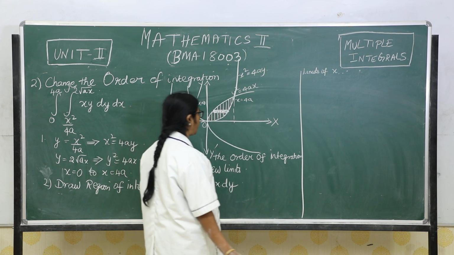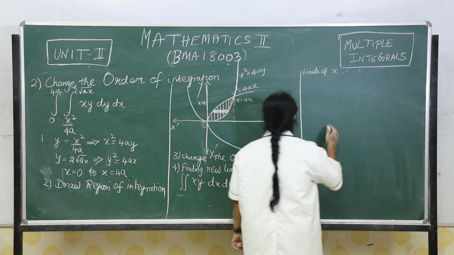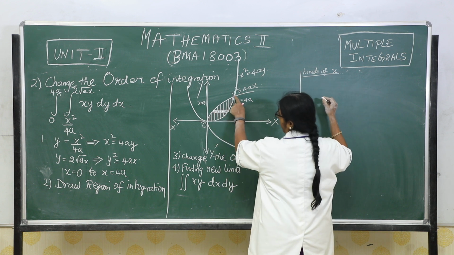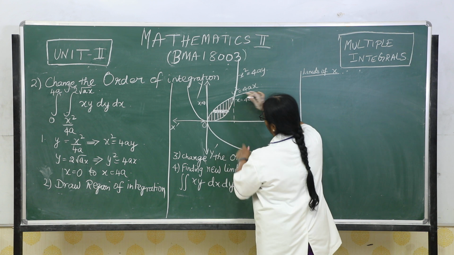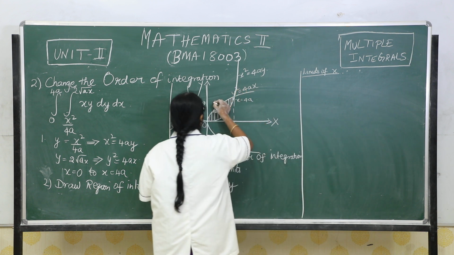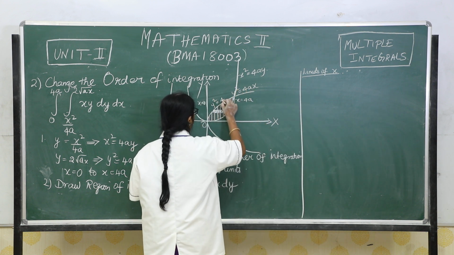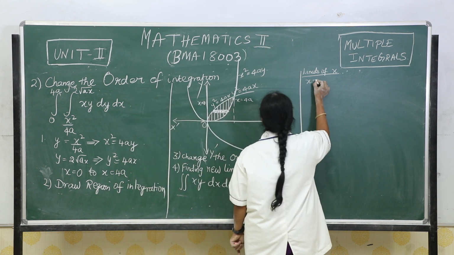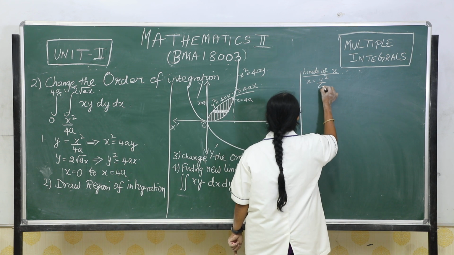If you want to find the y limits, take the vertical strip. So, limits of x, x starting from which parabola? You are in the parabola y squared equal to 4ax. From here, what is my x? x is equal to y squared by 4a.